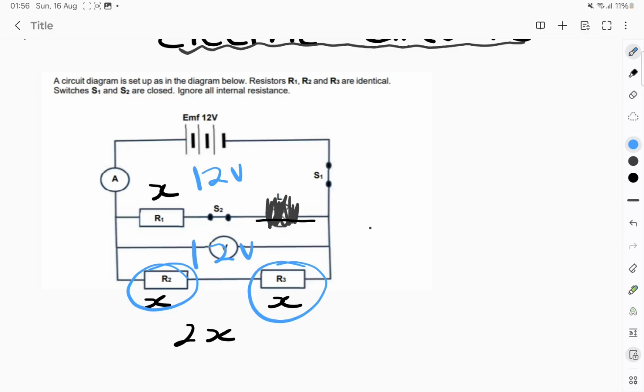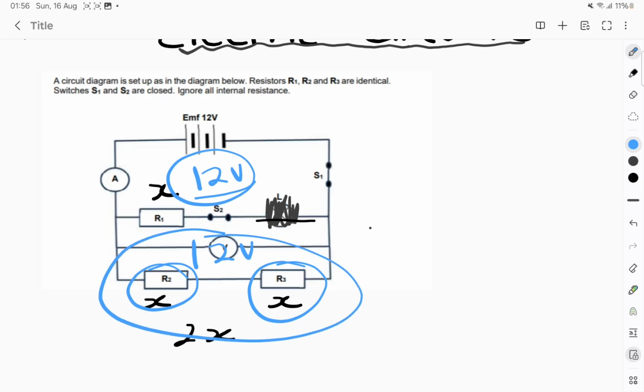So in this case we're going to have more current than in this case, because these two are sharing the voltage. Since they're equal, we're going to have 6V here, and we're also going to have 6V there.